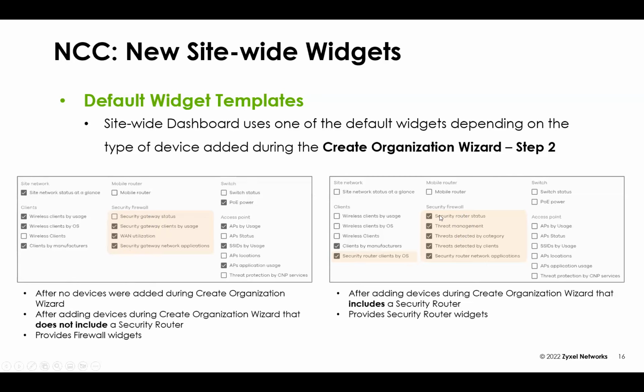What I mean by that is you're looking at your threat status, your threat management, threats detected, your security router network applications, and your security router clients by OS. So we're trying to be a little bit more intuitive in the back end to provide you with widgets that are based off of what devices you have currently added into your Nebula organization when using the organization wizard.